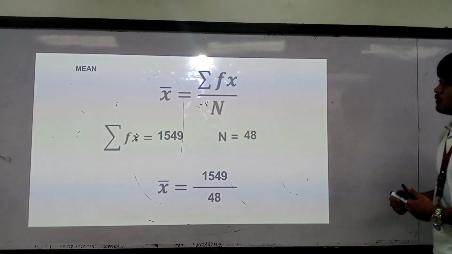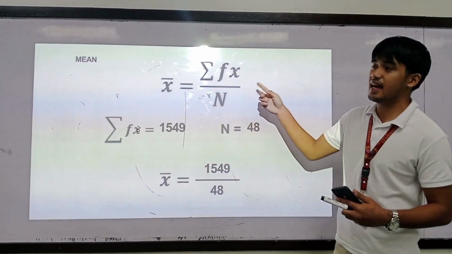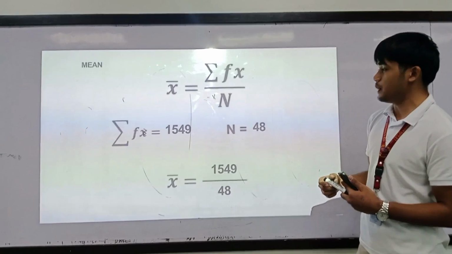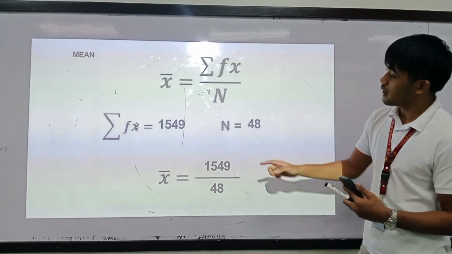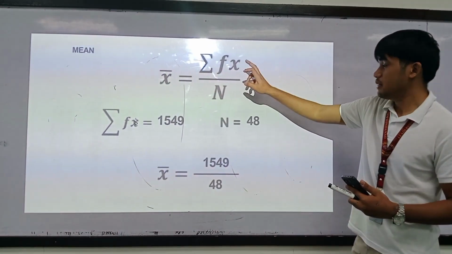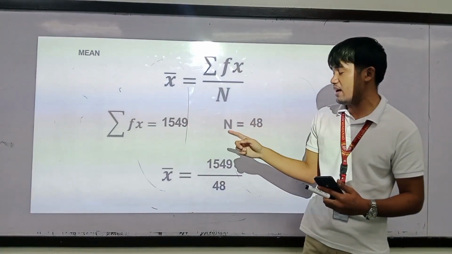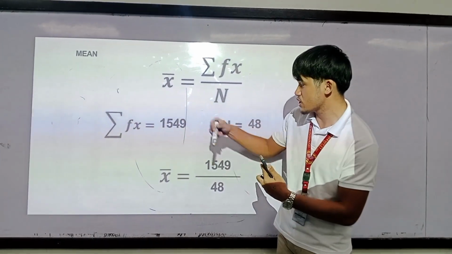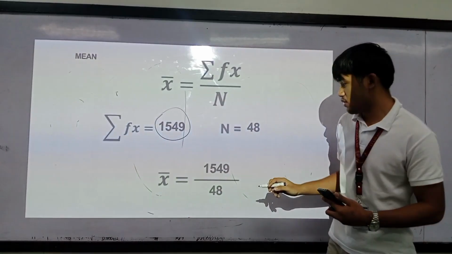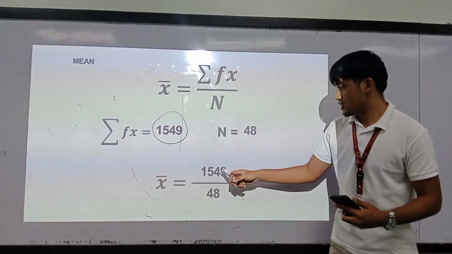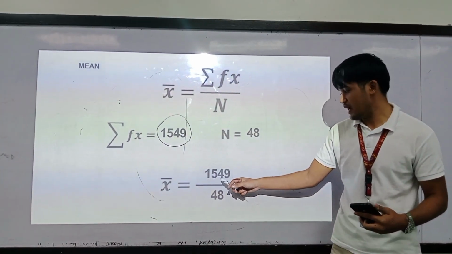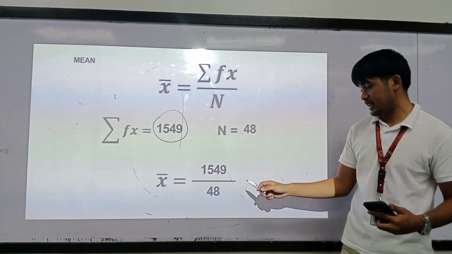Okay, so now since we already have the data in our table, then we can simply substitute it in our formula. So the total of our summation of f times x is 1,549. So substituting it to our formula, it will become 1,549 over 48.